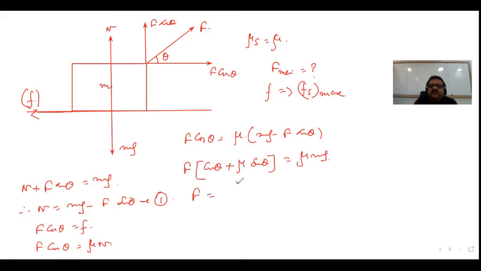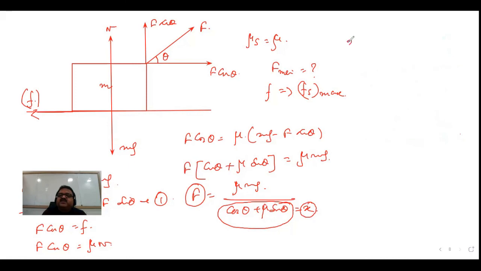Therefore, F equals mu mg divided by (cos theta plus mu sin theta). But here we need to find out the minimum value of F. Now look at this, friends. F will be minimum if its denominator is maximum. So if I consider this denominator as x, we need to find the maximum.